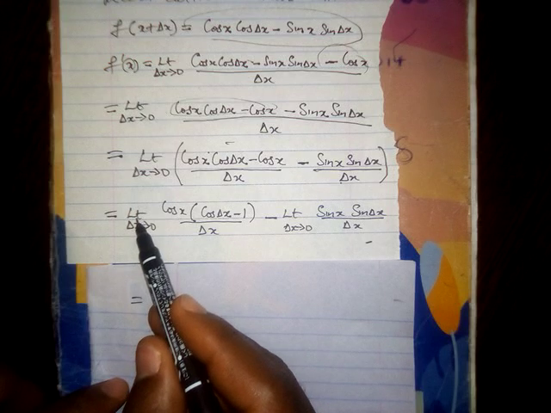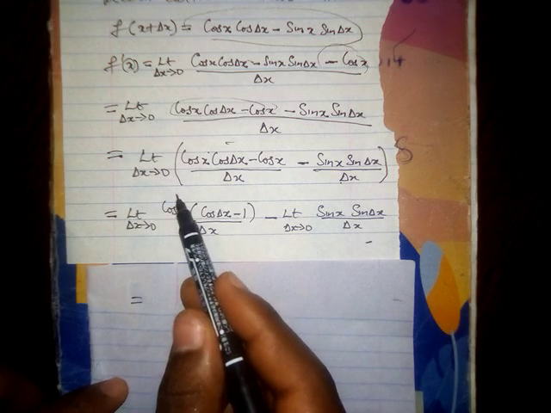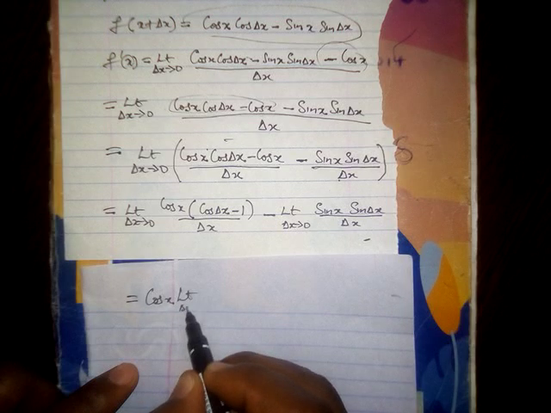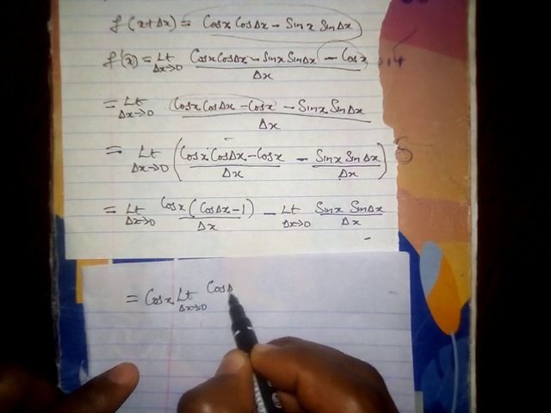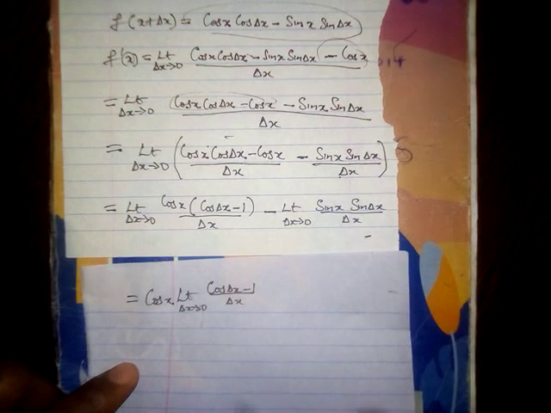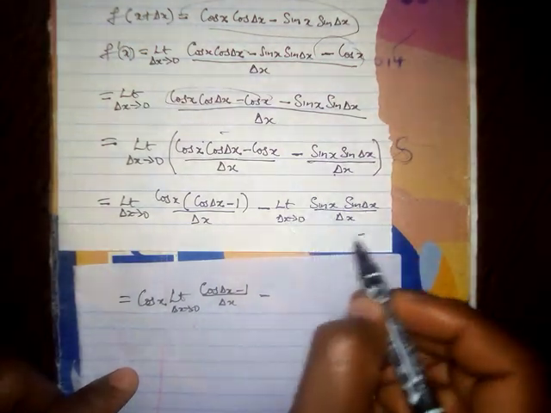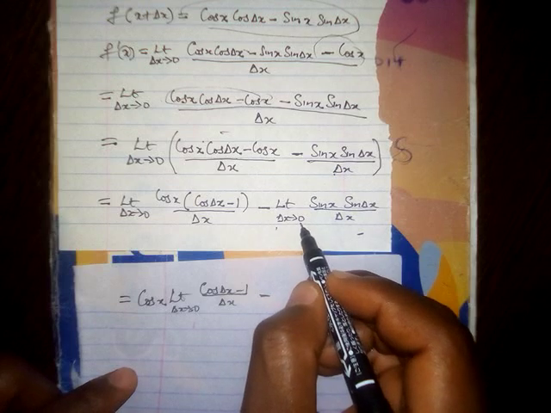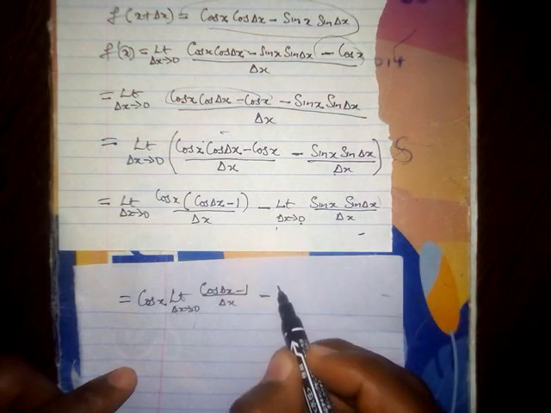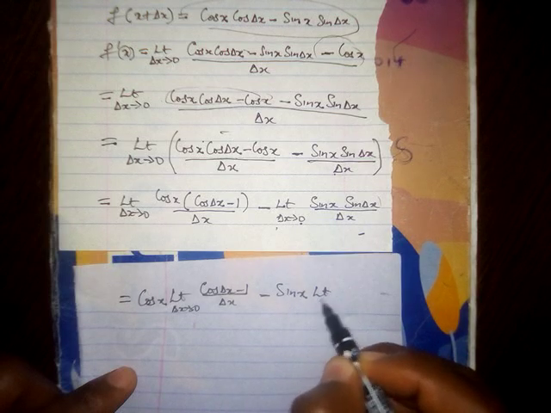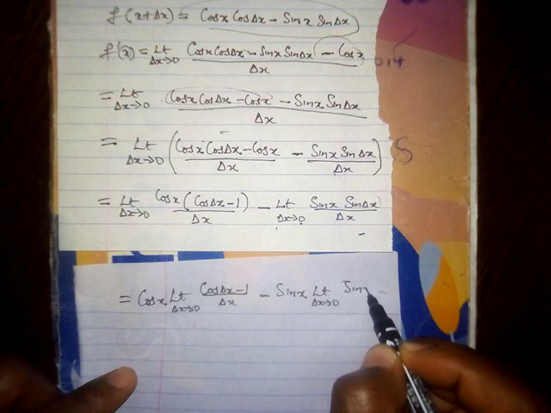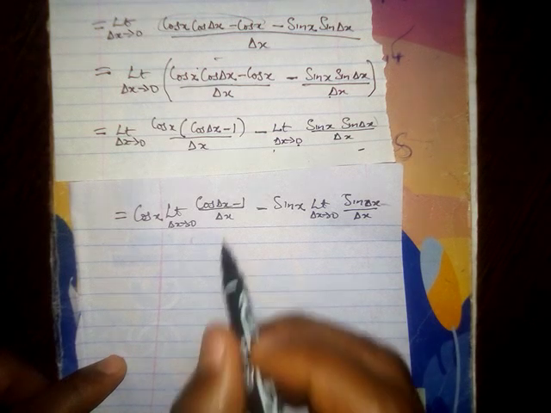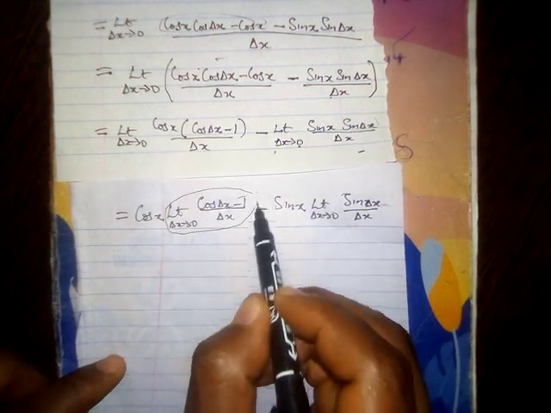So we are finding the limit where change in x approaches 0, and here we only have cos x, so we remove cos x out, and this will now be the limit as change in x approaches 0 of cos change in x minus 1 all over change in x, minus sin x. This limit is where change in x approaches 0, so we remove sin x out, and this will be the limit as change in x approaches 0 of sin change in x all over change in x.